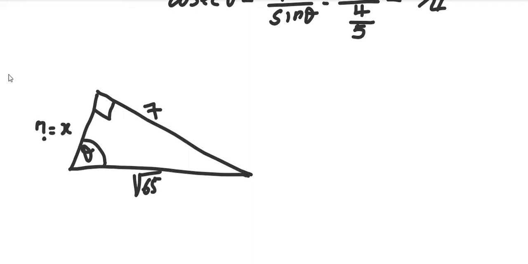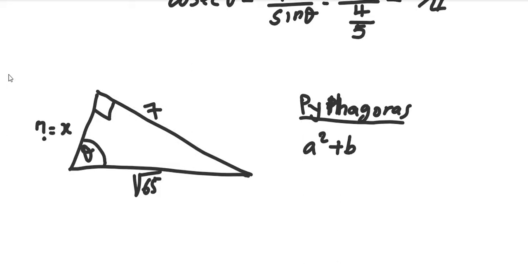To find my adjacent, I will apply the Pythagoras Theorem. I know that the Pythagoras Theorem states that a squared plus b squared is equal to c squared. Now, I will apply it here.